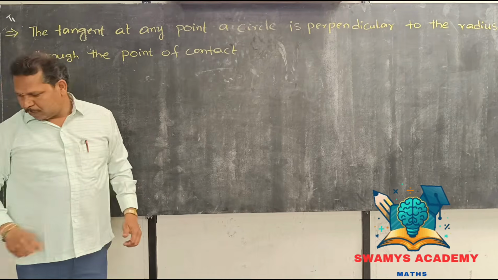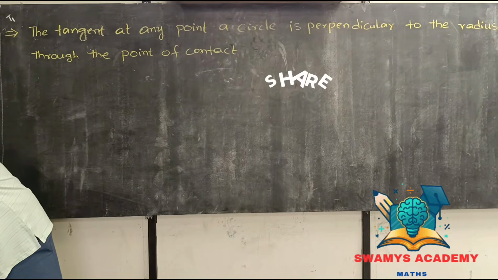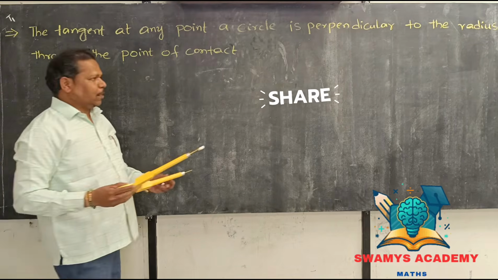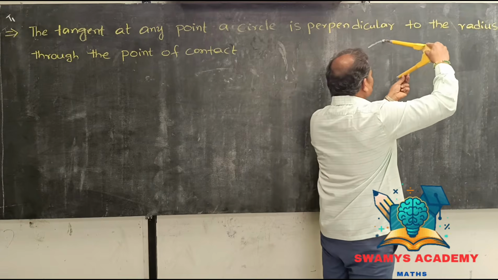Now we need to draw the circle. O is the center of the circle.